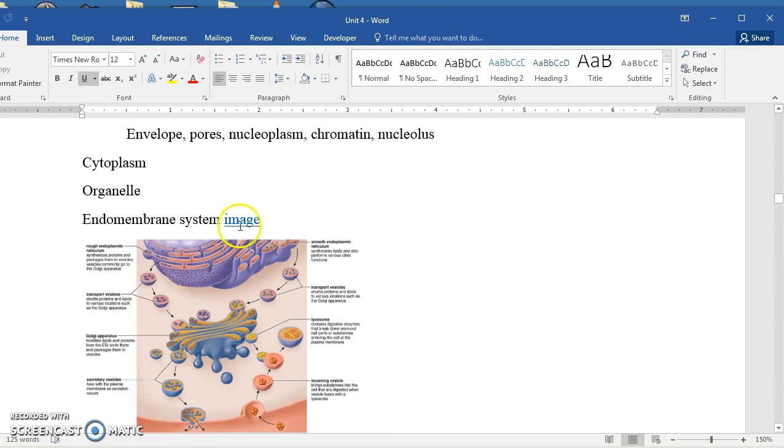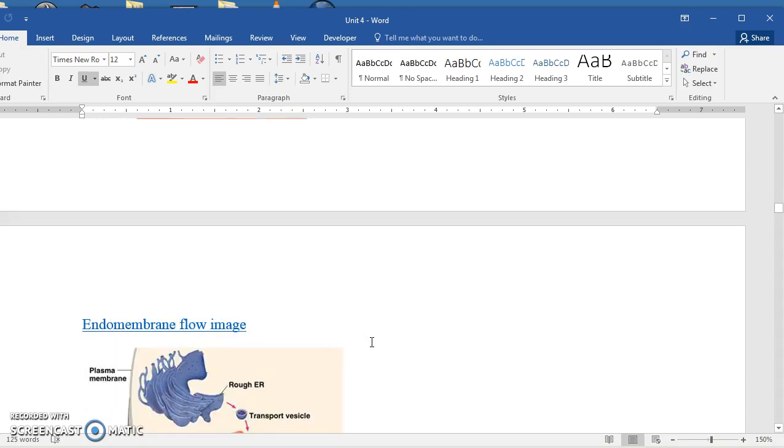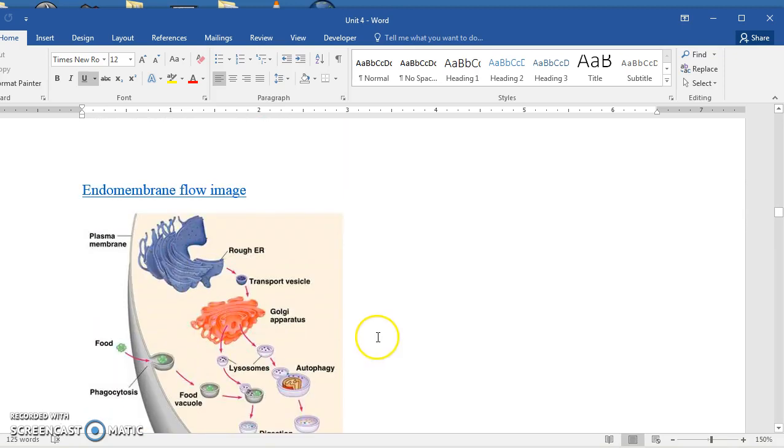You can look up this image for yourself and look at the different organelles that are listed in the endomembrane system. The first one, and I should show here the endomembrane flow image. From the nucleus, we're going to have what's called endoplasmic reticulum, rough ER, that will be attached to it.